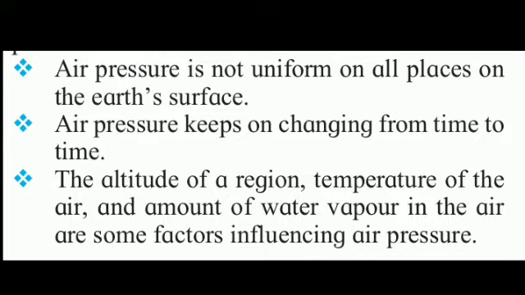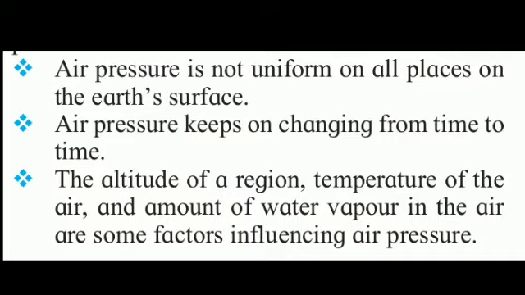How? Let's see. Air pressure is not uniform at all places on the earth's surface. Second, air pressure keeps on changing from time to time. Third, the altitude of a region, underline this word altitude. Altitude means height.